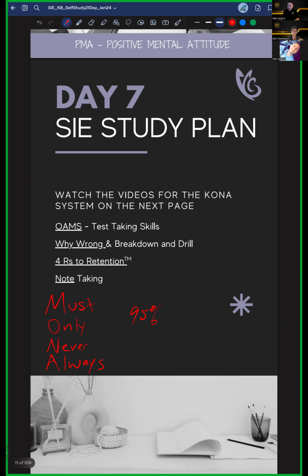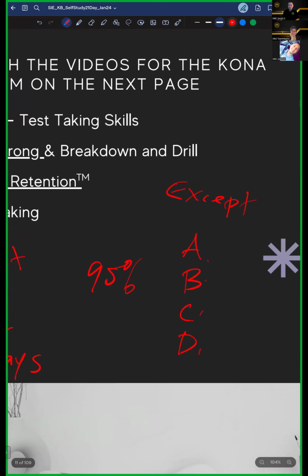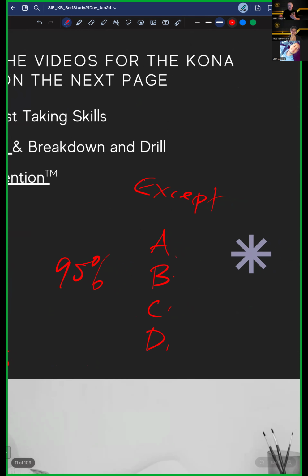Another thing is when it says except: the four listed below are all true except. So then you always write A, B, C, D. Every time you're taking the answers, you're writing A, B, C, D down. And let's say D says something that's true, so I'm putting true. Maybe C was false. True, true.